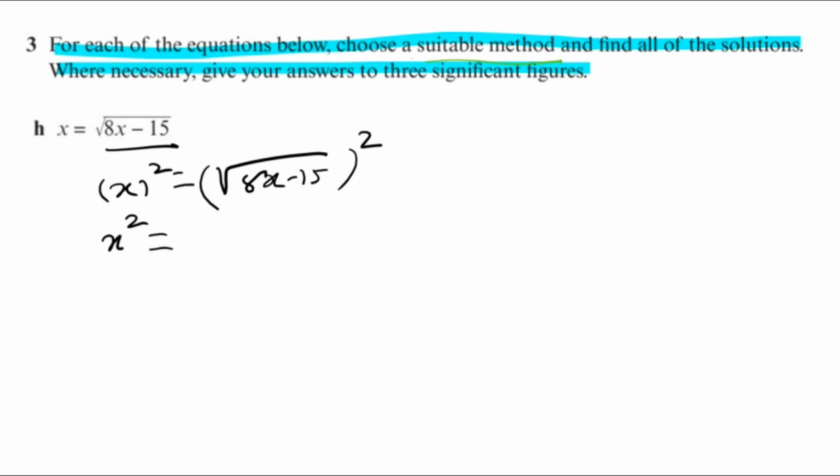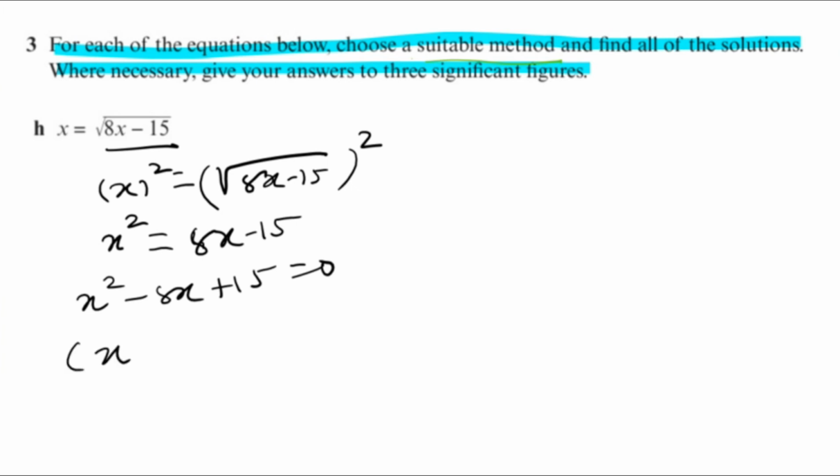So x squared is equal to 8x minus 15, as square and square root cancel. Move to the left hand side, write equal to 0. Now factorize it. They are telling you to choose a suitable method, so you can use any method. Factorization with simple splitting of terms is easy.